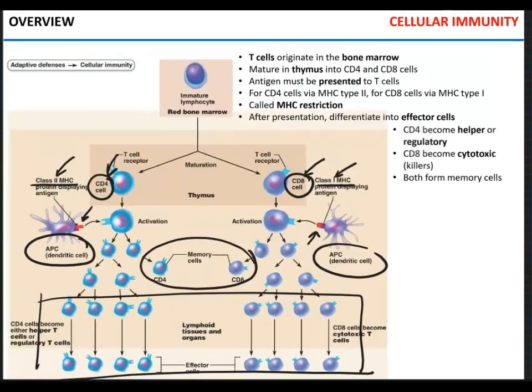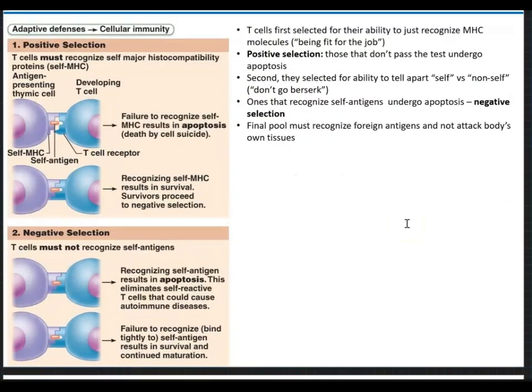Let's step back for a second and talk about the selection of T cells, the positive selection and the negative selection. So let's think what happens. Let's think about qualities that T cells have to possess.